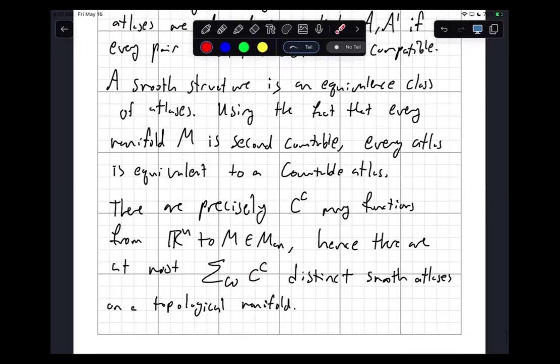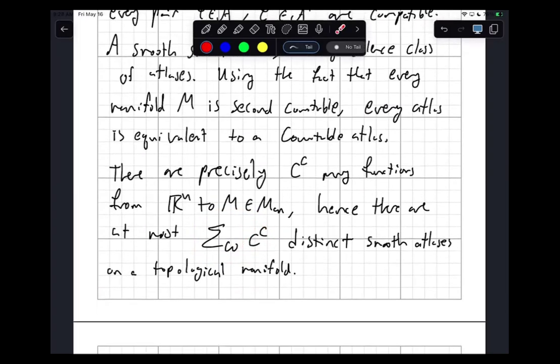So it says, okay, I have a topological manifold. It has cardinality C, and a smooth atlas, at least an isomorphism type of a smooth atlas, an equivalence class, is at most countable, right? So it's equivalent to a countable atlas. So that means I take countably many, there's at most countably many functions from R^n to M, right?